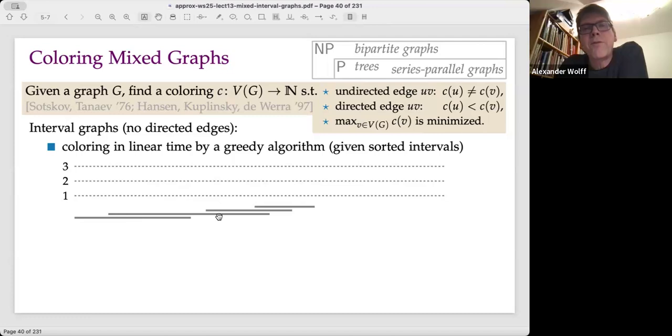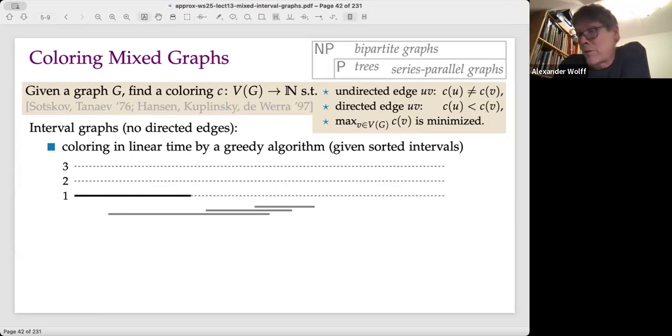So if we are given the intervals sorted by left endpoint as down here, what you do is simply the first fit greedy algorithm. So you take the first interval, map it to the smallest color that's available. Then you take the next interval.